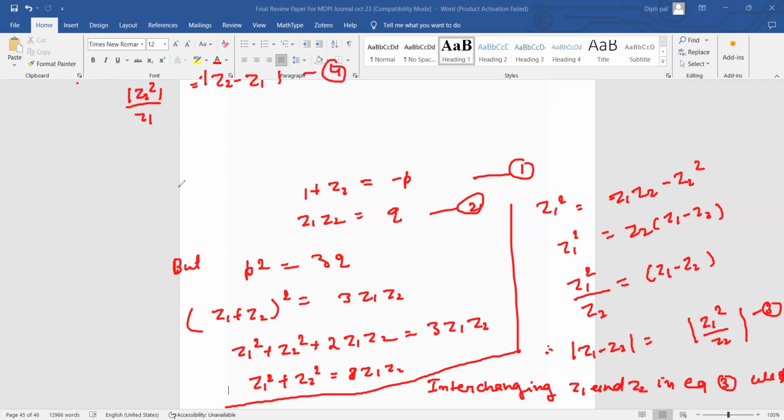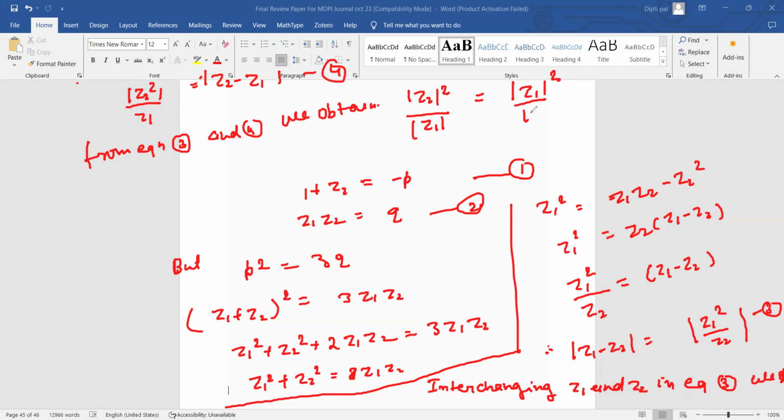So from equations 3 and 4, we obtain modulus of Z2 square upon modulus of Z1 equal modulus of Z1 square upon modulus of Z2.